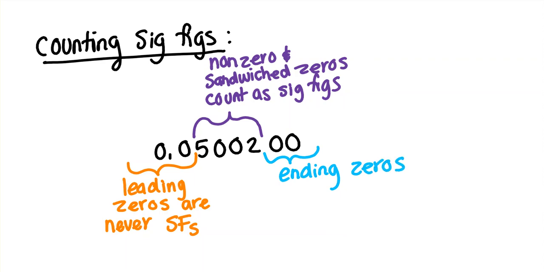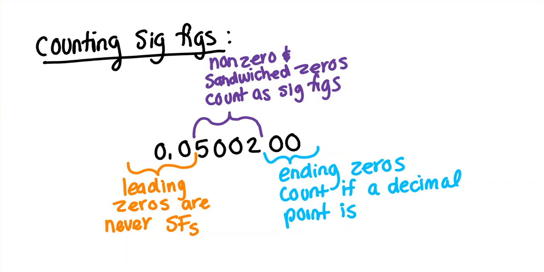Ending zeros count if a decimal point is shown. And I really emphasize the word shown because sometimes people say ending zeros count if the number has a decimal point.